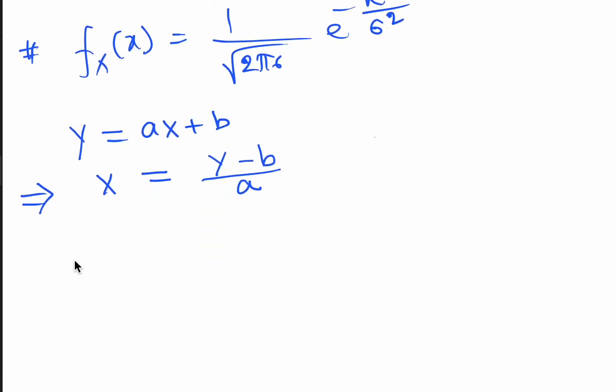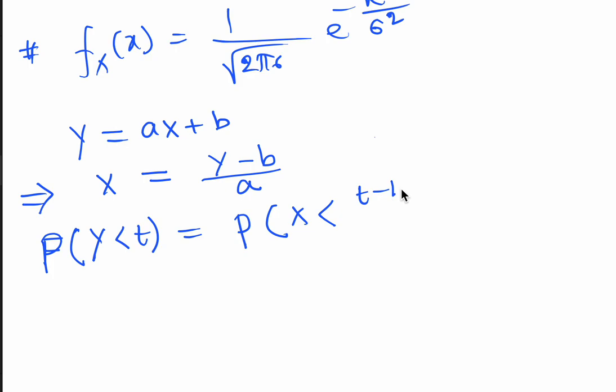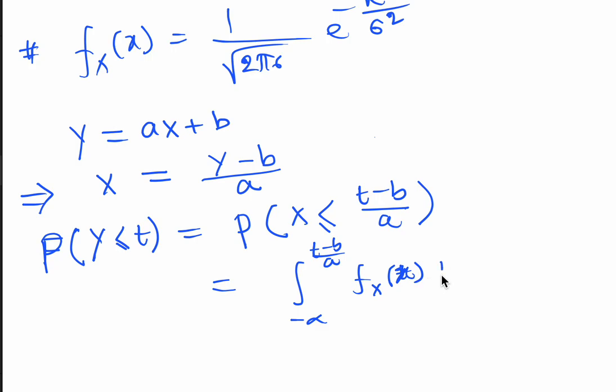Then if you want to calculate the probability that y is less than t, that is equivalently x is less than or equal to (t minus b) by a, which is the integral from minus infinity to (t minus b) by a of f_X(x) dx.